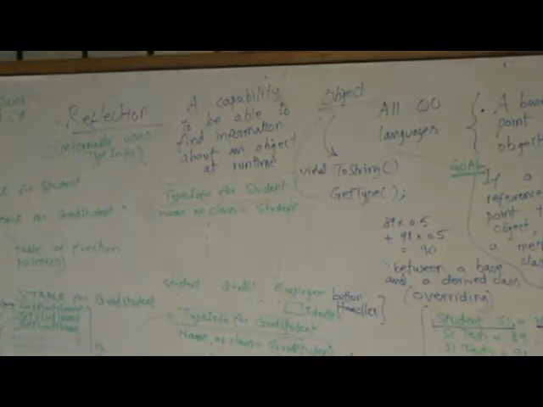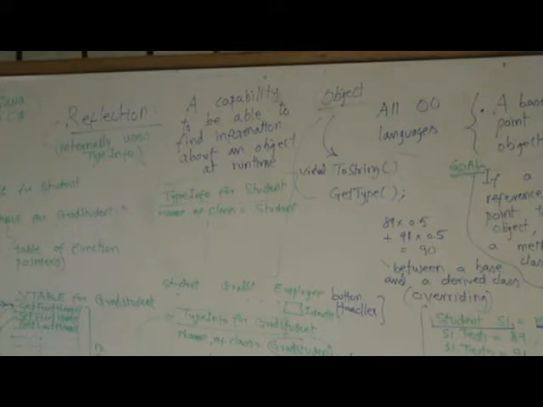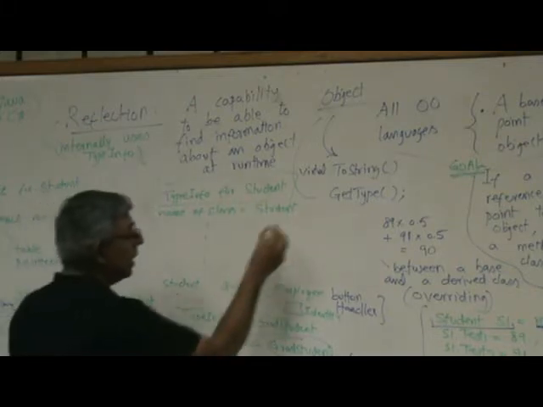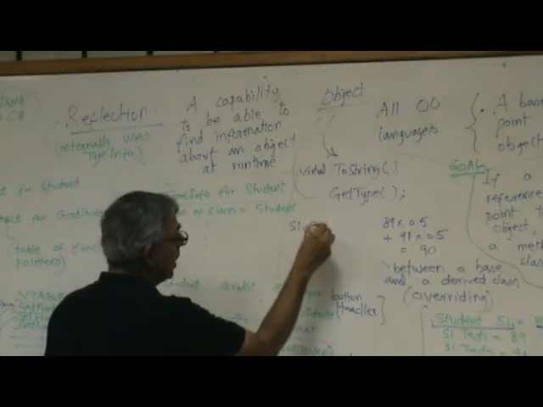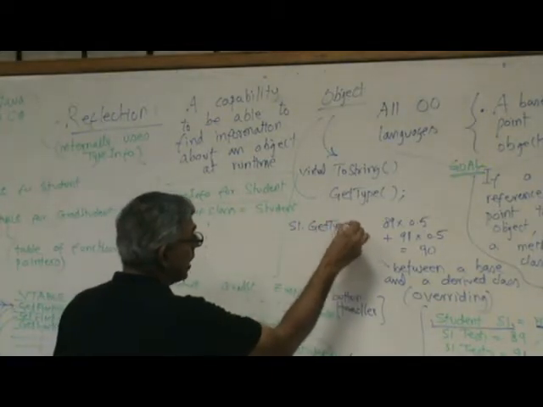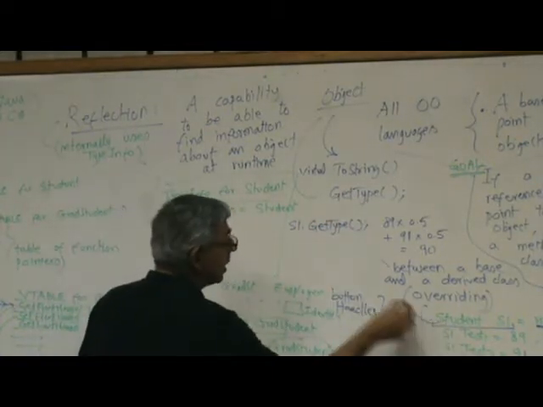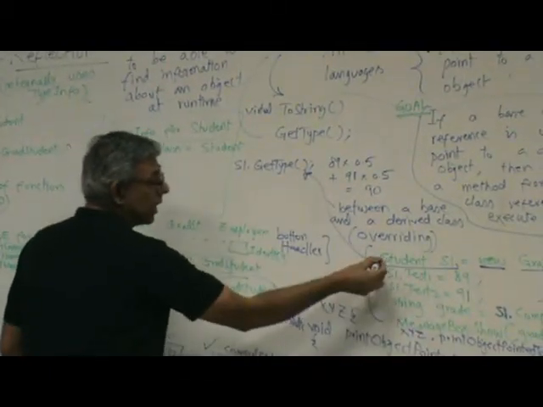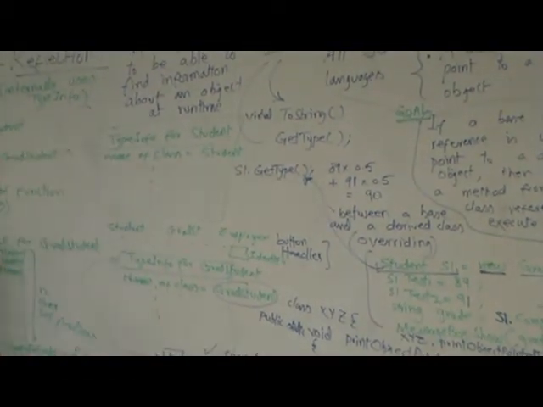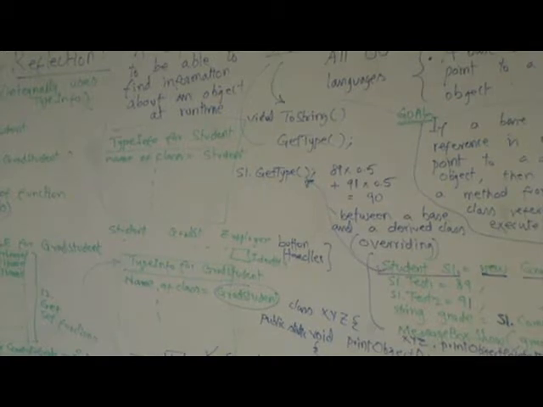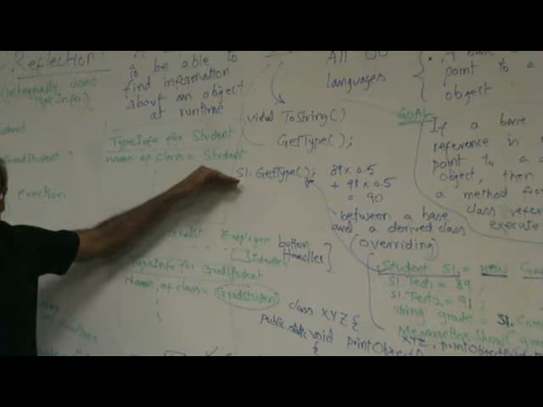So what's the purpose of getType? Once again, through anything we can call getType, s1.getType, for example. After s1 has been allocated some object, we can call s1.getType. So what will s1.getType do?